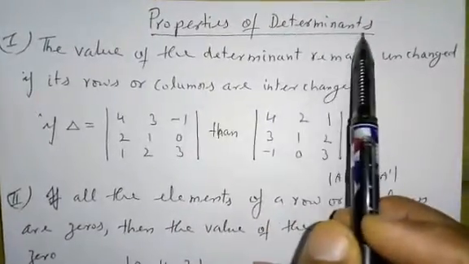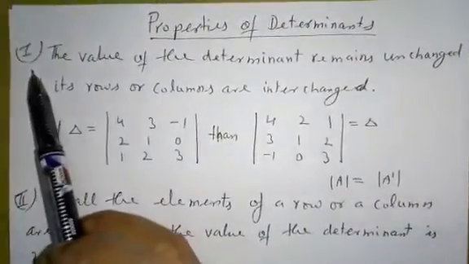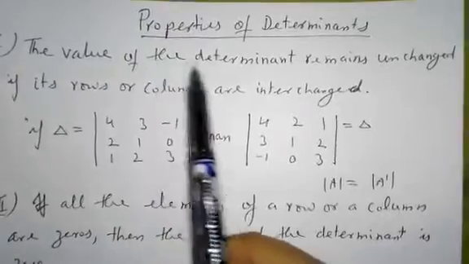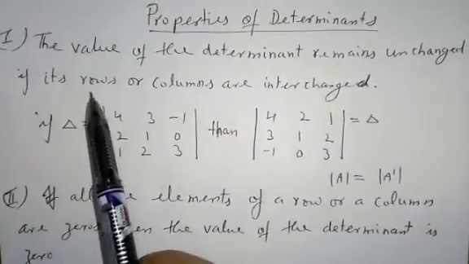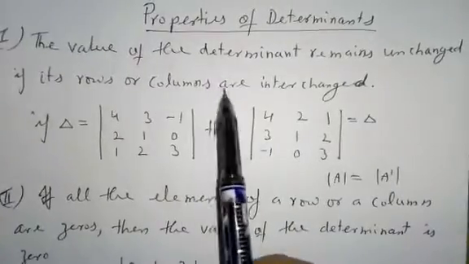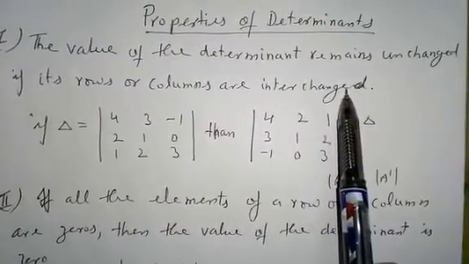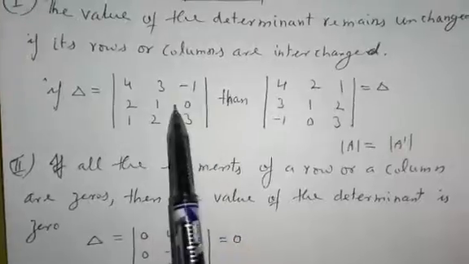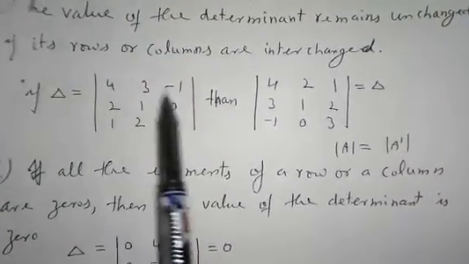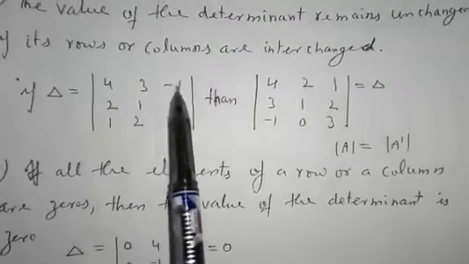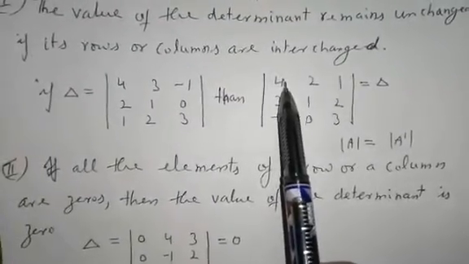Properties of determinants. First property: the value of the determinant remains unchanged if its rows or columns are interchanged. In this determinant, we are changing rows into columns. 4, 3, minus 1 is now the first column.